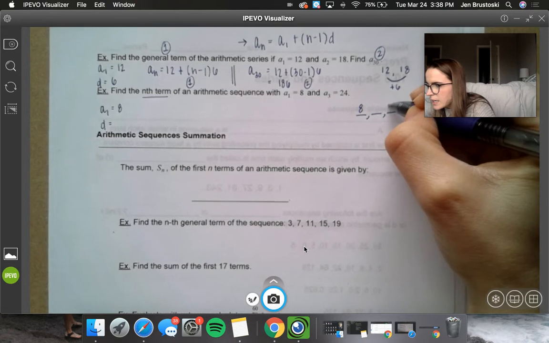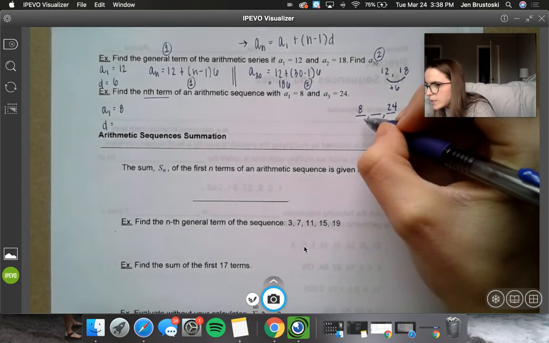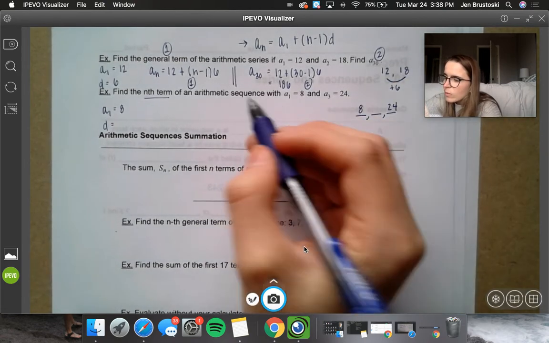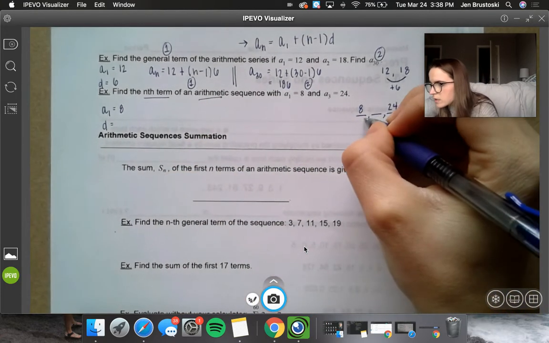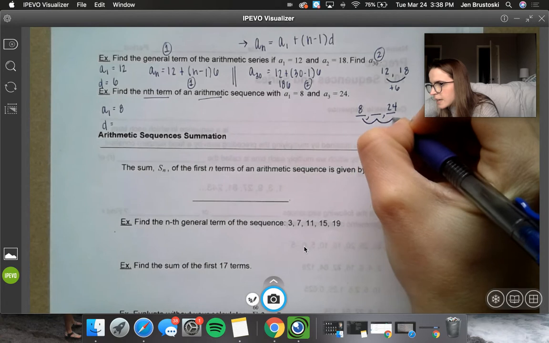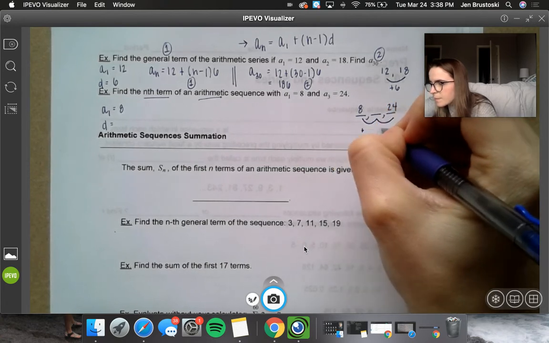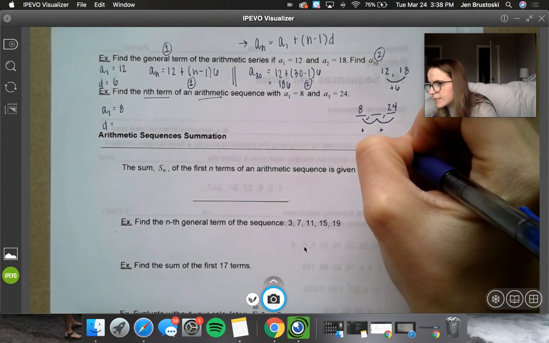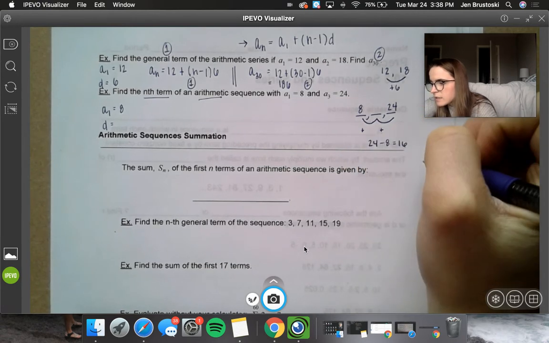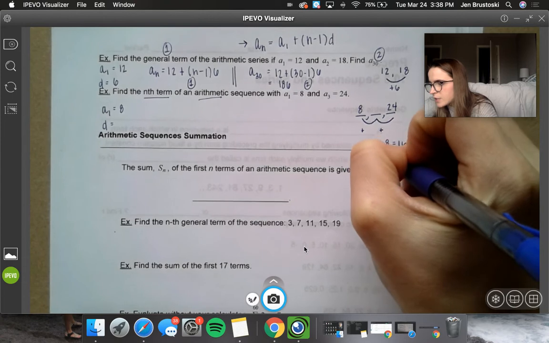So we've got 8 and 24. We don't know what that middle term is, but we know we're adding the same number every time because we have an arithmetic sequence. So from here to here, I'm adding the same number. 24 and 8 have a difference of 16, and 16 divided by 2 is 8.